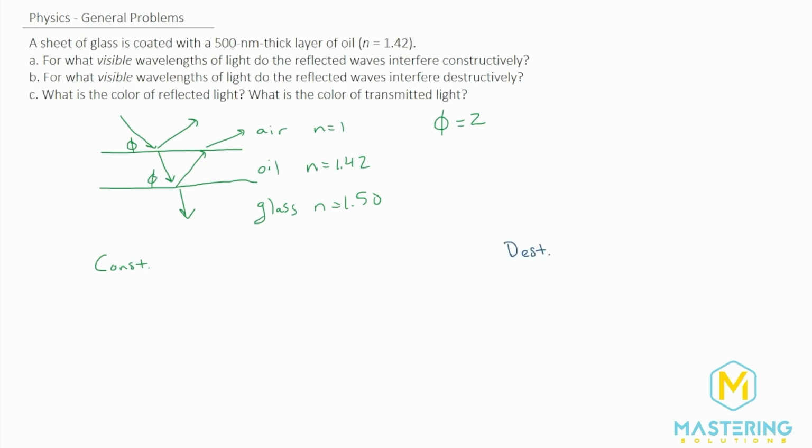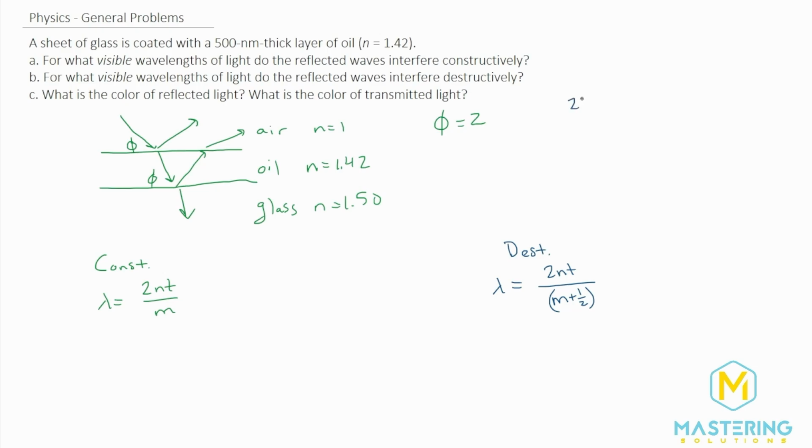When you have 2 phase shifts and you want constructive interference, the equation that we'll be using is lambda is equal to 2nt over m. When you have 2 phase shifts and you want destructive interference, what we have is lambda is equal to 2nt over m plus 1/2.